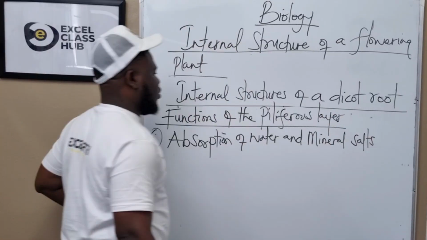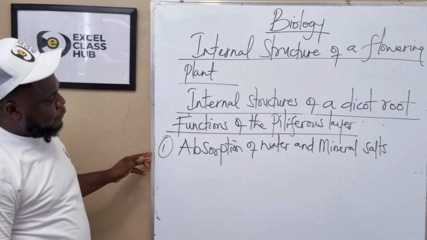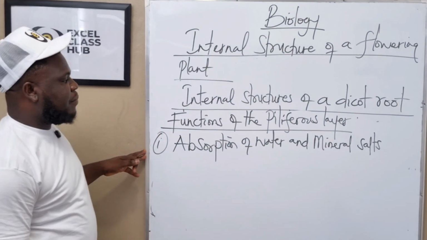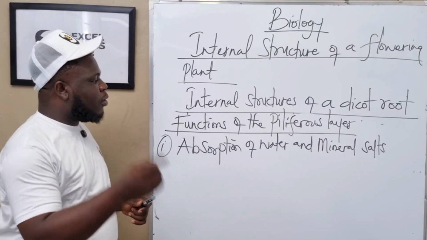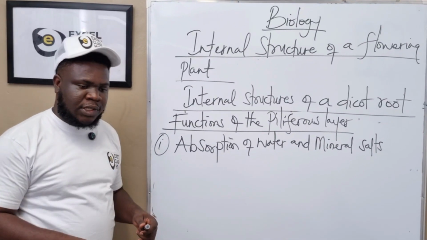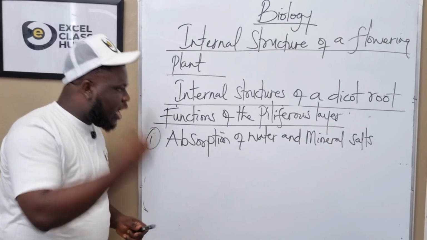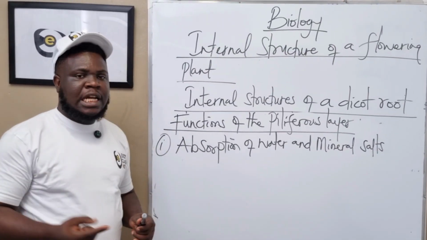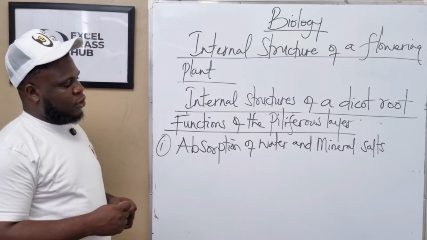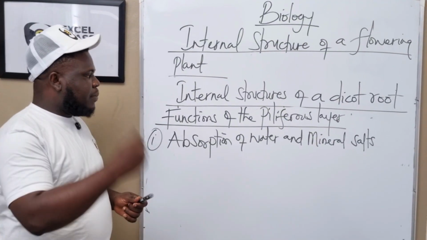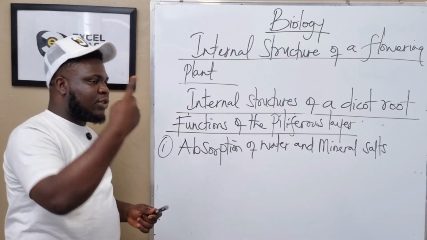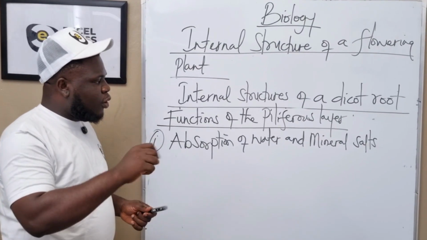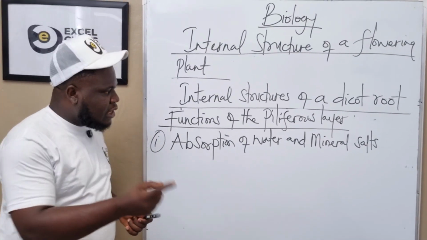That is the first function of the piliferous layer. And how does it absorb water and mineral salts? With the aid of the root hairs that arise from it. So, in other words, the piliferous layer helps in the absorption of water and mineral salts with the aid of the root hairs that arise from it.